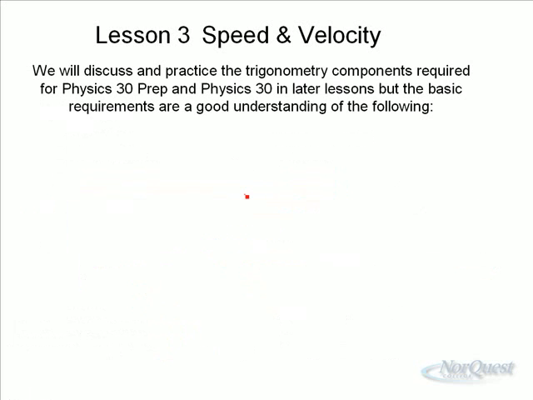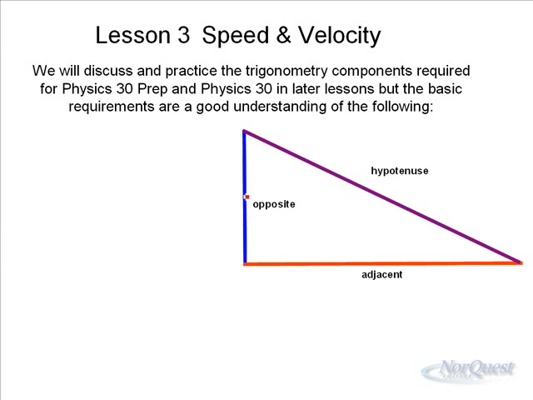As I mentioned, we will discuss and practice the trigonometry components required for Physics 30 Prep and Physics 30 in later lessons, but the basic requirements are a good understanding of the following. A right angle triangle is broken usually into 3 components. The 2 arms and, of course, the long side is the hypotenuse.